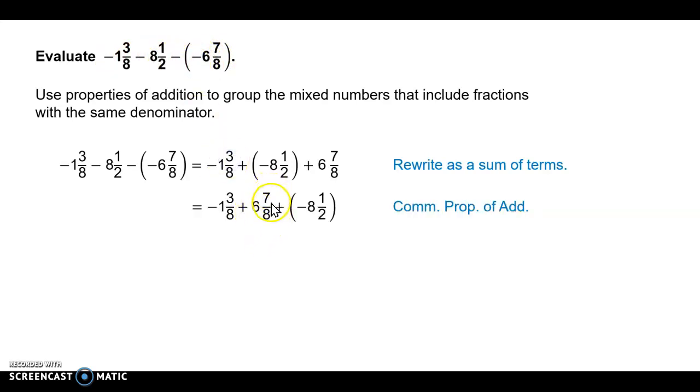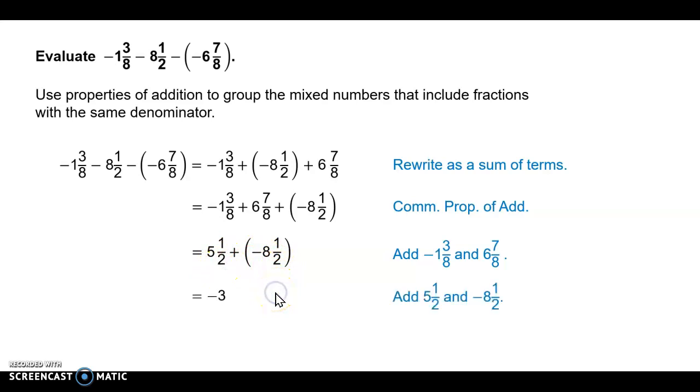So now you got the two of them that have an 8 on the denominator. So negative 1 3/8, 6 7/8, subtract that, you get 5.5. Now combine that with the negative 8.5, different signs, subtract, and you should get negative 3. So that's one way to do it. There's many ways.